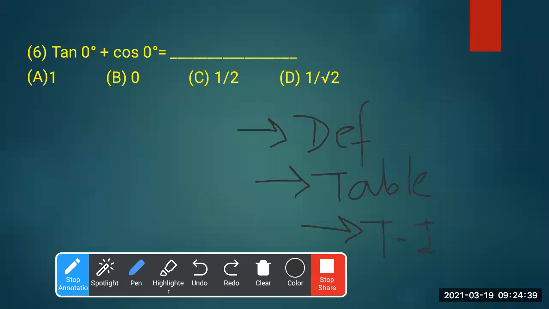These 3 things are very, very important in this whole chapter. If you remember the definitions, the table, and the trigonometric identity, students, it is very simple to score full marks from the sums of this chapter.